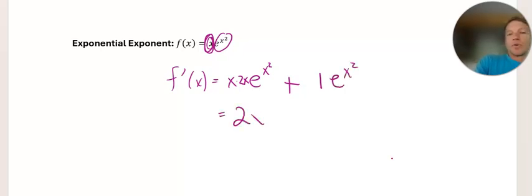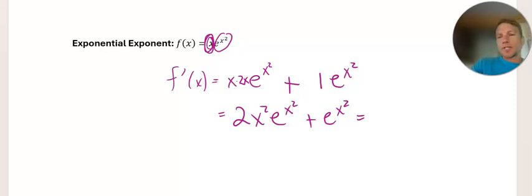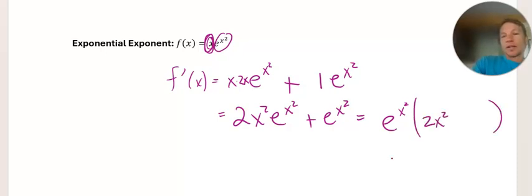So that's 2x squared e to the x squared plus e to the x squared. And then if we can do some easy algebra to clean this up, we usually do that. I can see I have a common factor, which I factor out, and I get that as my derivative, okay?